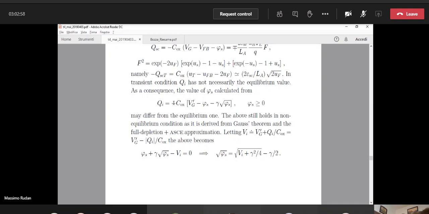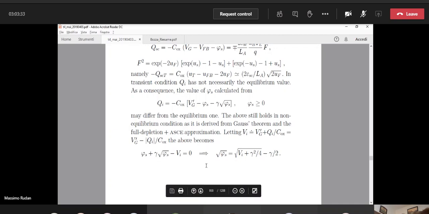You see, we can manipulate this expression by bringing Vg prime to the left, and we define Vi equal to Vg prime plus Qi over Cox. So this expression becomes this. This is a very simple second order, second degree algebraic equation, whose unknown is the square root of phi s.